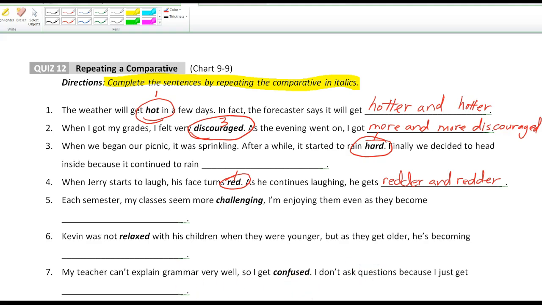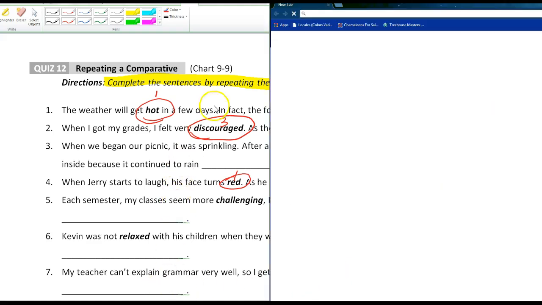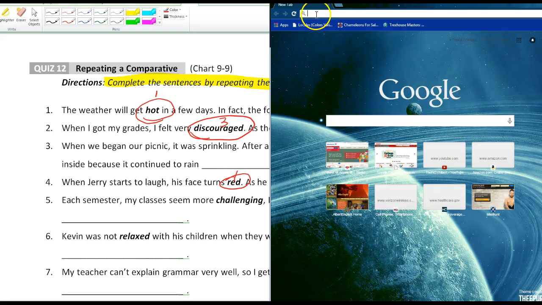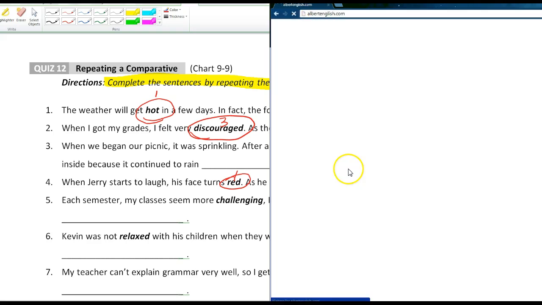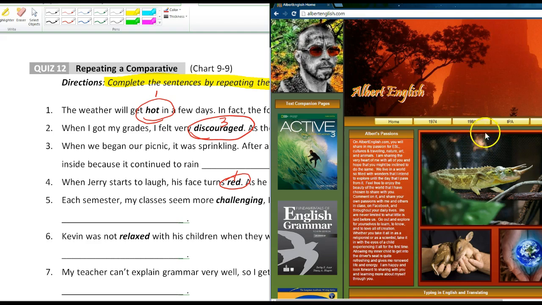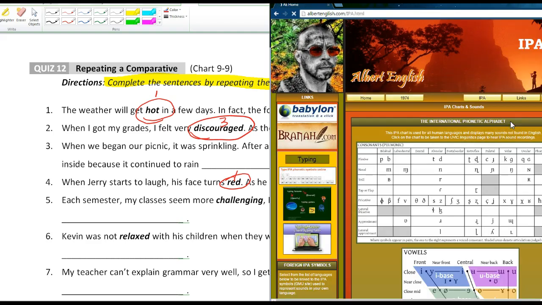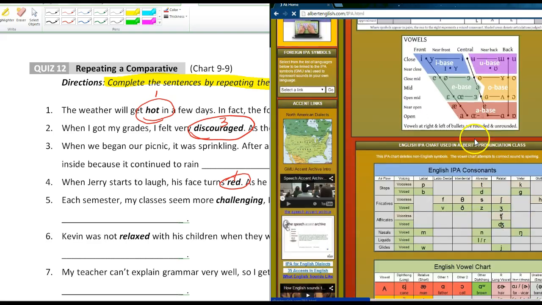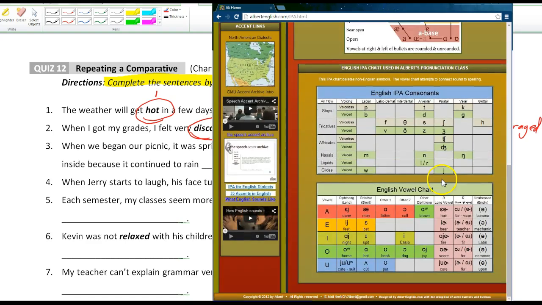Just so that you know what I'm talking about, let me go to Albert English. Okay, and I'll go to the IPA. Okay, and let me get down here to the vowel chart. Okay, so these are the English vowels. We have long vowels right here.